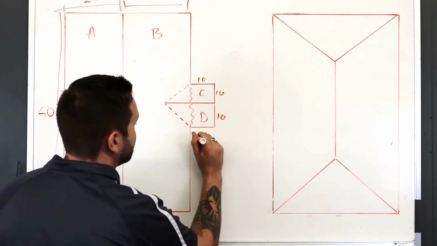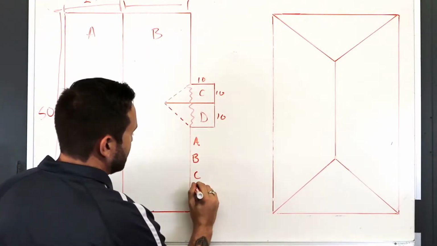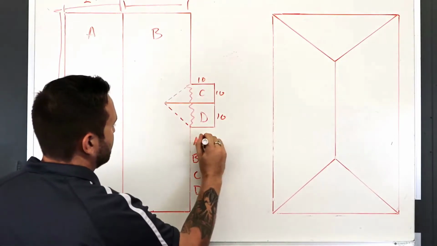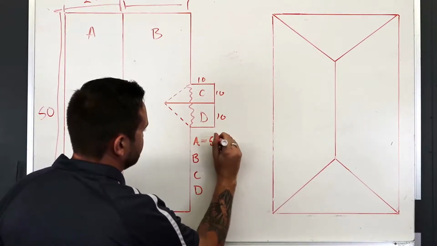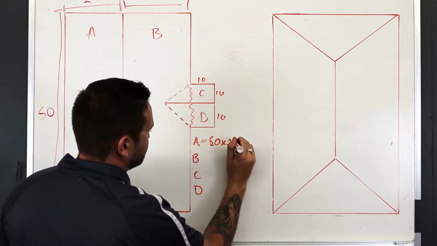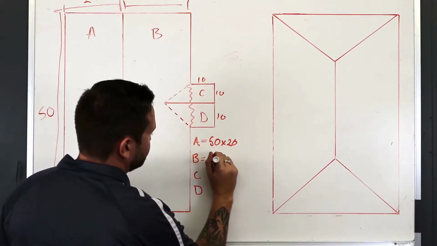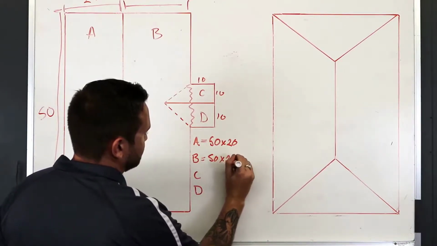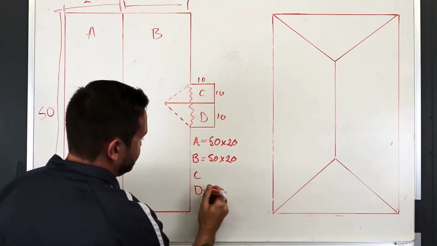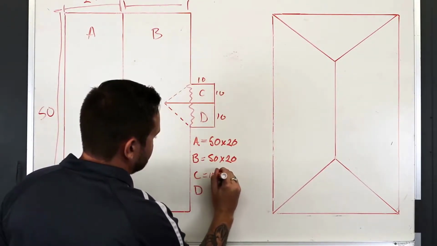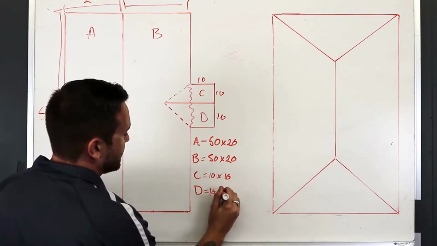So, we've got section A, we've got section B, we've got C, and D. Section A is 50 by 20. Section B is also 50 by 20. Section C is going to be a 10 by 10. And section D is a 10 by 10 as well.